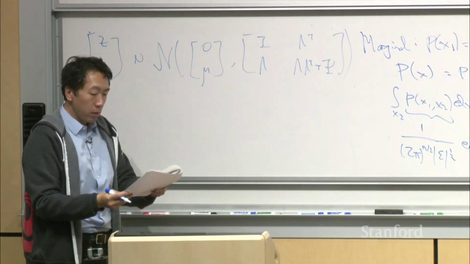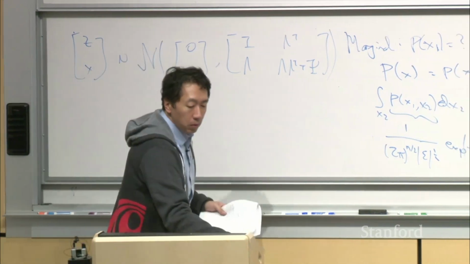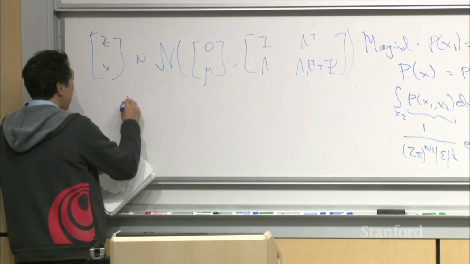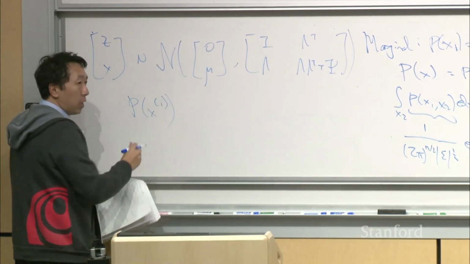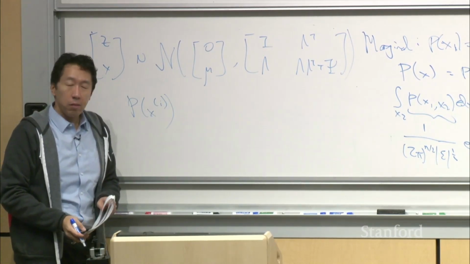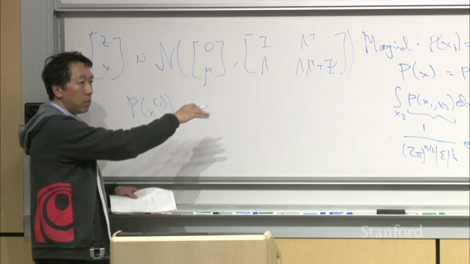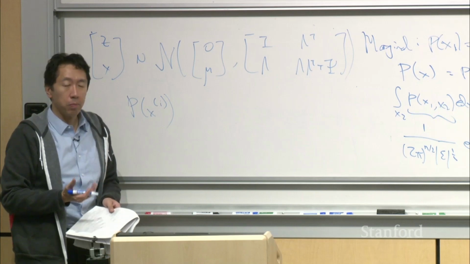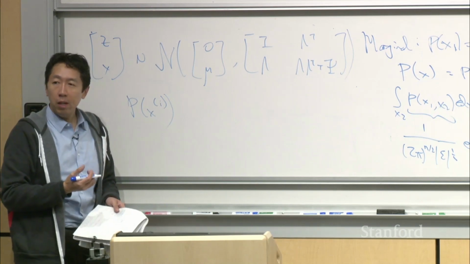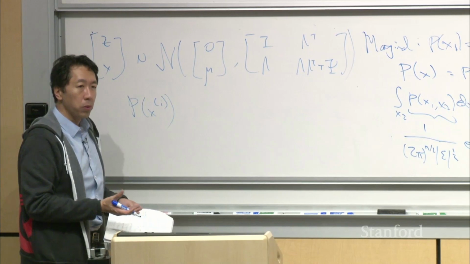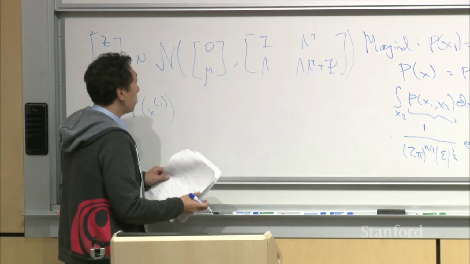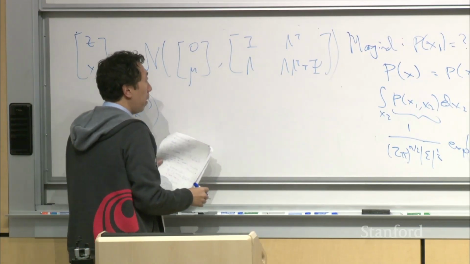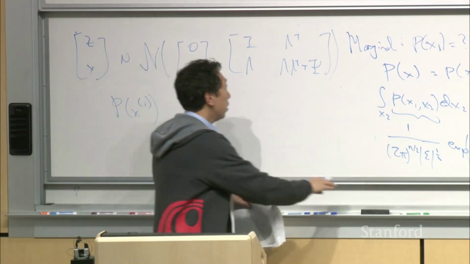What you could do is write down p of x_i, which will be this Gaussian density, and take derivatives of the log likelihood with respect to the parameters, set them to 0 and solve. You find that there is no closed form solution for the values of lambda, psi and mu that maximize the log likelihood.